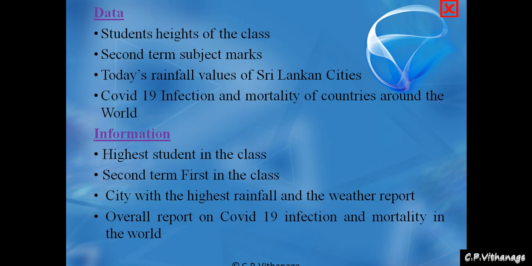But if we consider it as the whole world, the WHO people have to collect all the countries' reports, and they have to say that today the highest number of infected people have been reported from this country.